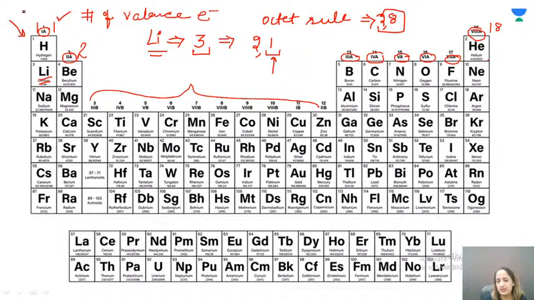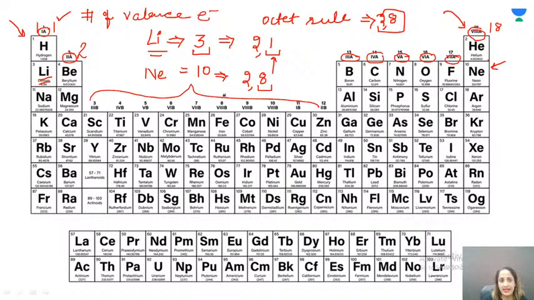And if that is the case, let's go and talk about helium, or let's say neon, we'll take the example of neon. In case of neon, the atomic number is 10, and if we talk about the electronic configuration here, it is 2 and 8, and here are the valence electrons.